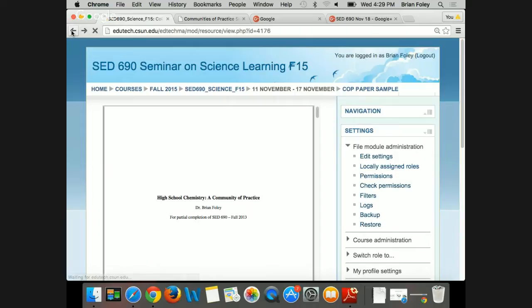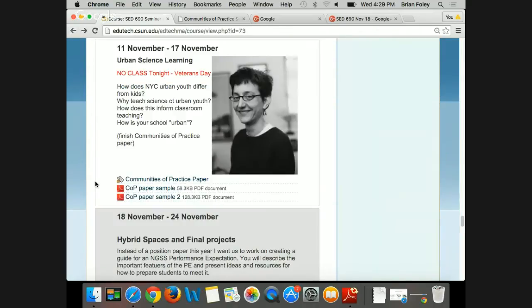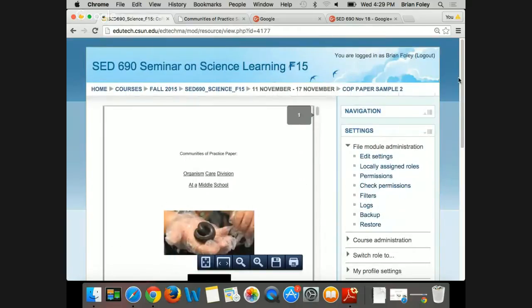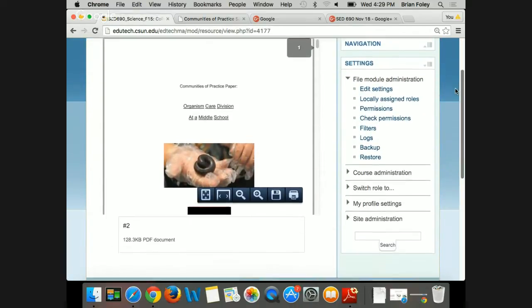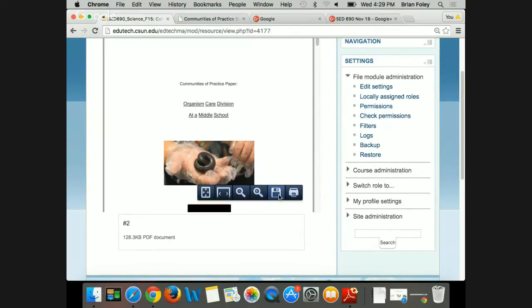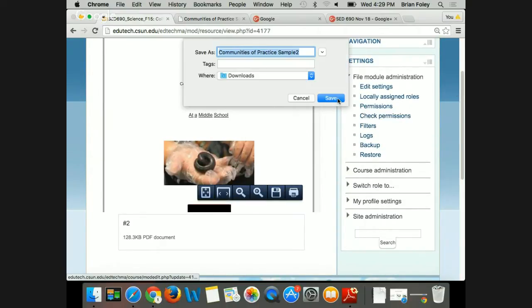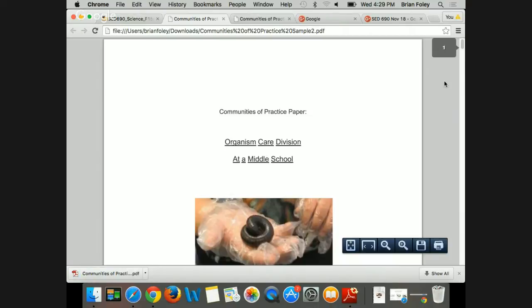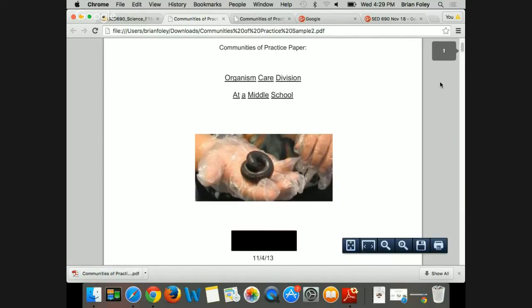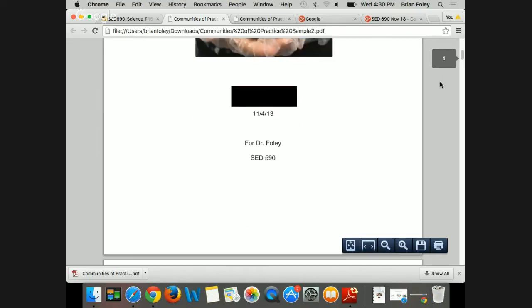The other paper here takes a very different tack. So that was one that was about a classroom. This one is... Oh no, I thought I picked a different one. All right, that's okay. I must have had some problem with the other one. So this one is, what was this one?